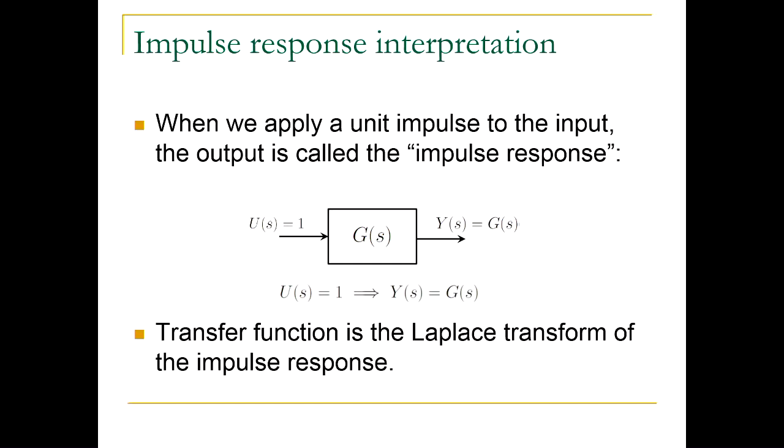What's really useful to do here is to relate the transfer function to the impulse response. If you revise the Laplace transform tables I presented yesterday, we saw that U of S equal to 1 corresponds to the impulse function. So the Dirac impulse has its Laplace transform equal to 1. If I apply an impulse, its Laplace transform is 1. And when I multiply G by 1, I get that Y of S is equal to G of S. So what does this mean?